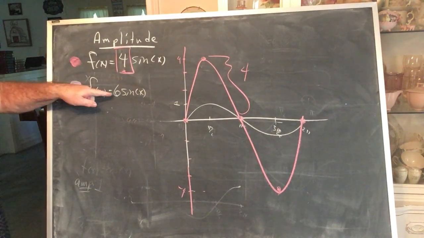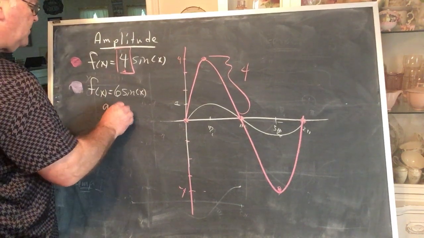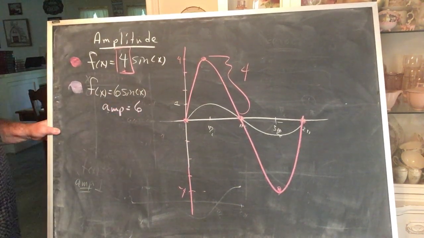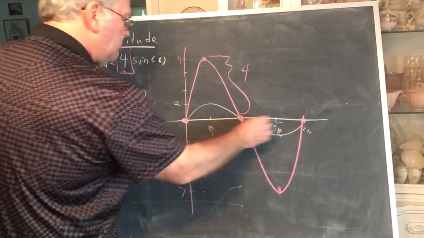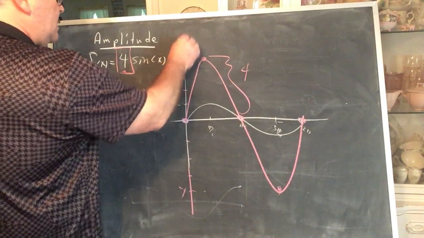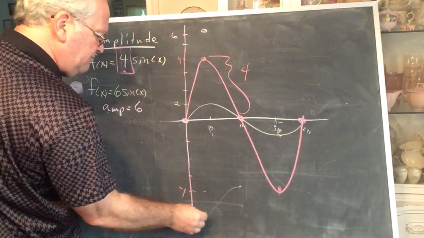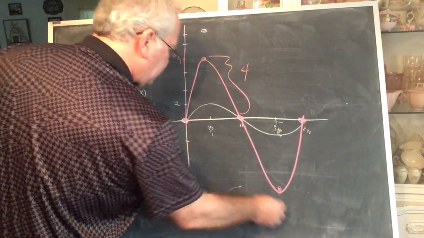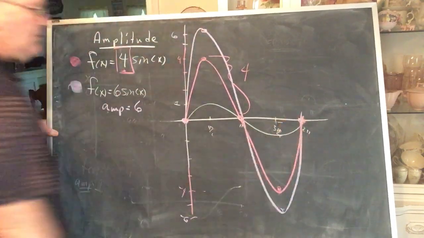Instead of the amplitude being 4, here the amplitude is 6. And so the nodes would again stay the same, but now the peaks would be up at 6, and the trough would be at negative 6. So that would be the picture.